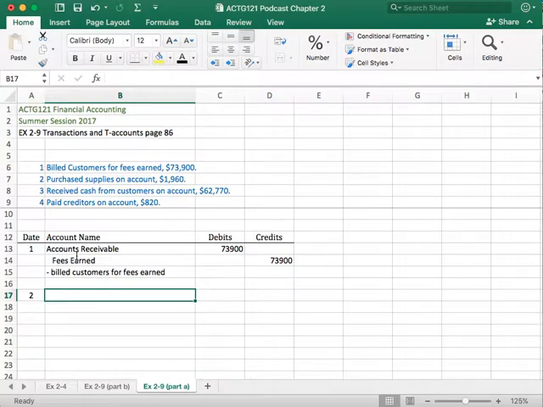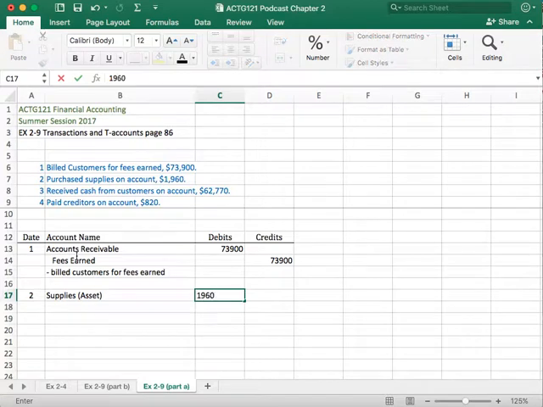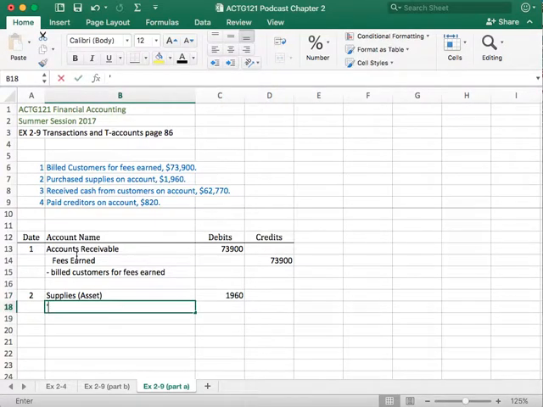So number 2, purchase supplies on account. Supplies, that's an asset. We're going to debit that to increase it. And I'm going to put in parentheses that that's an asset, just for you to remember. And then since we're working with a vendor, because we're purchasing supplies from them, we're going to use accounts payable.